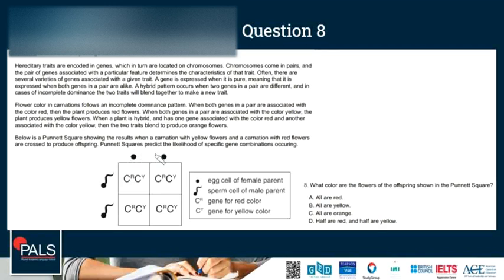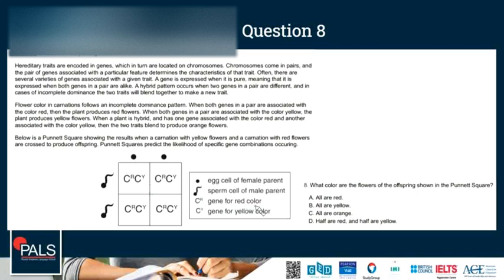So we can see we put the egg cell of the female parent on top and the sperm cell of the male parent on the side. Other way around works as well, we just can't mix them up. And we see here the likelihood of the offspring. Big C stands for color, and we can see the R and the Y associated here.